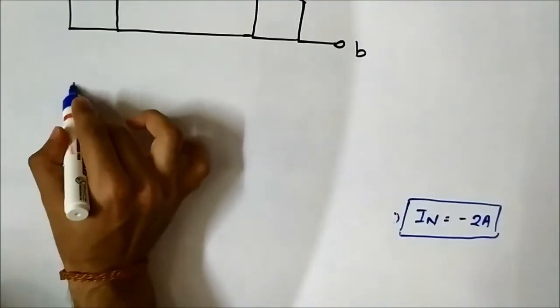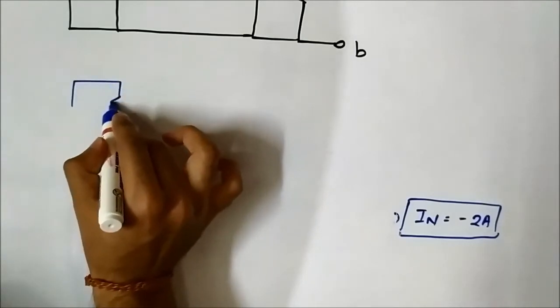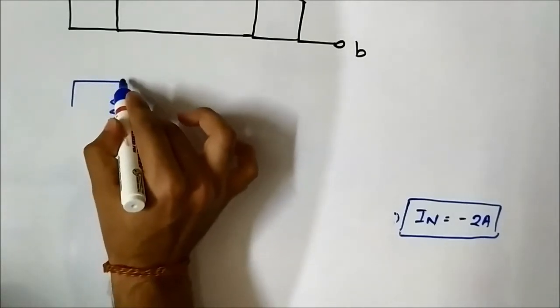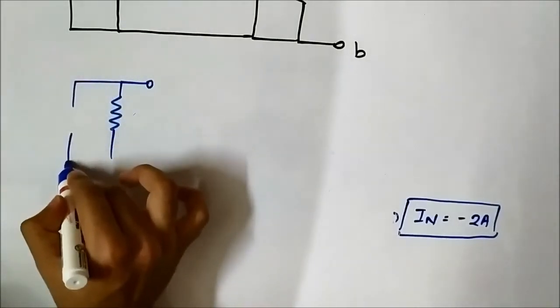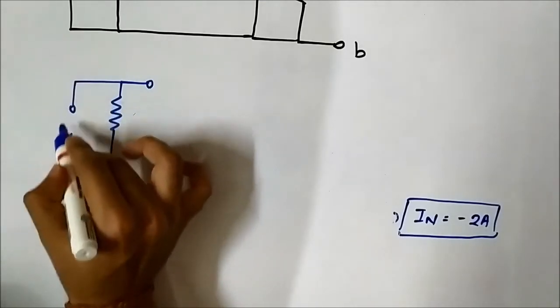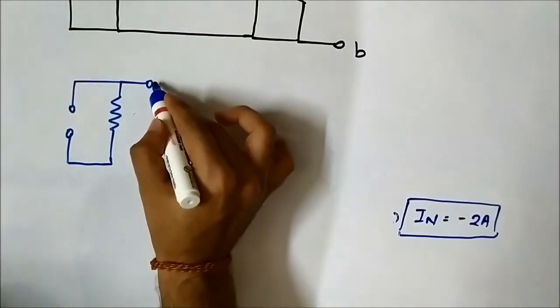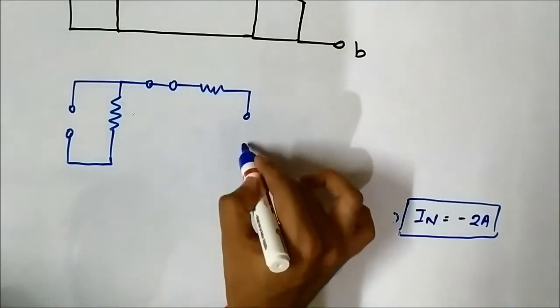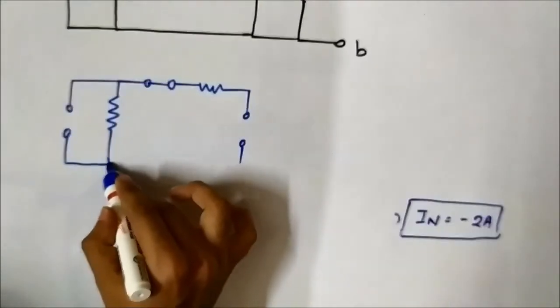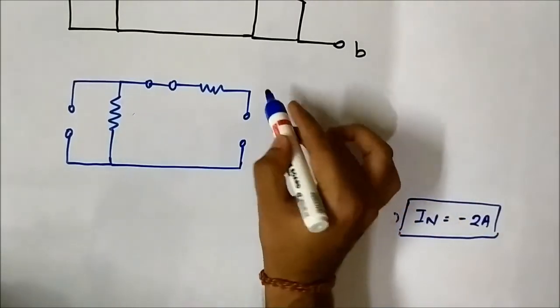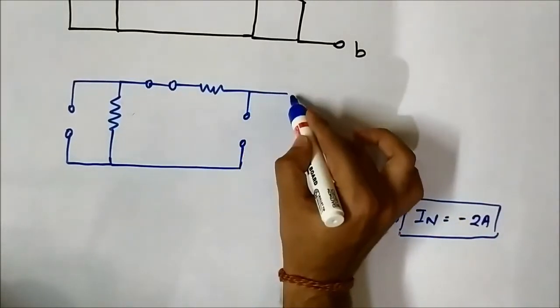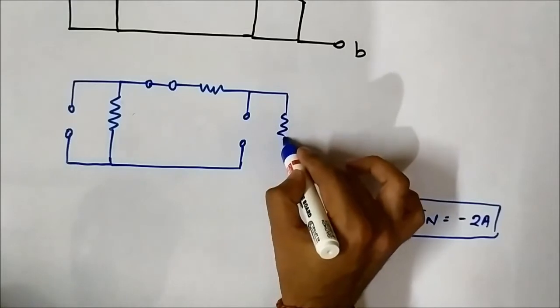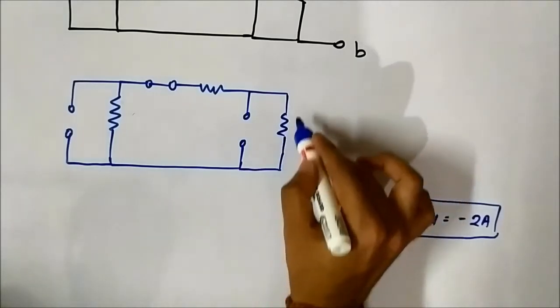So this will become open circuited 1 ampere current source, this is short circuited, again this is open circuited, and this is the 5 ohm resistance.